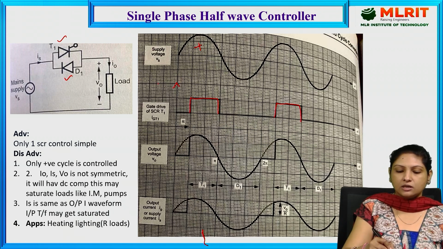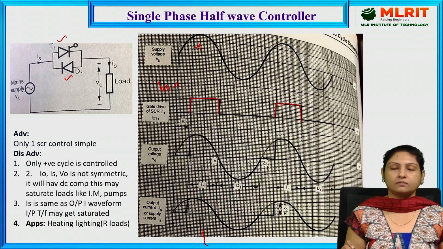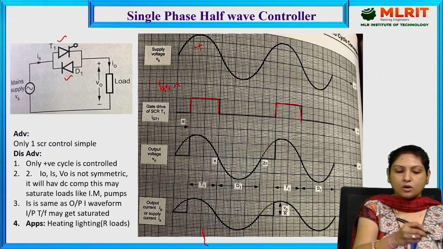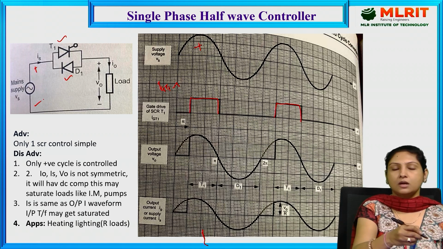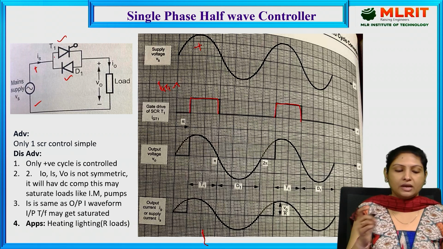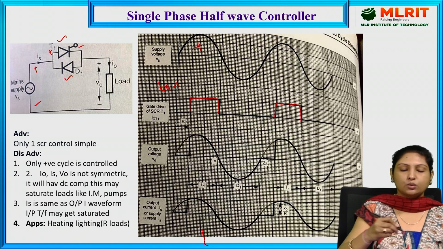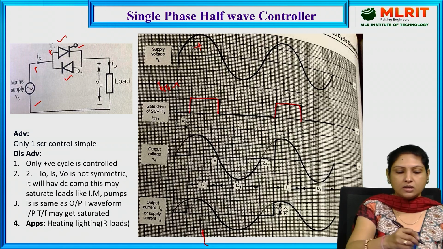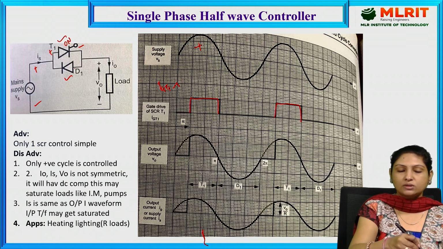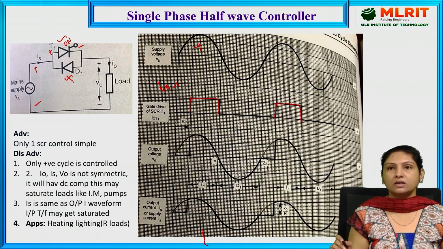And this is the triggering pulse for thyristor 1. The moment the positive half cycle appears across the circuit, at that instant the anode of thyristor 1 is more positive with respect to the cathode. That is how thyristor 1 is on, whereas the diode, since it is reverse biased, D1 is off.